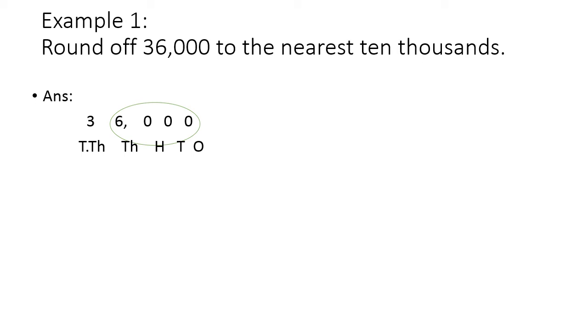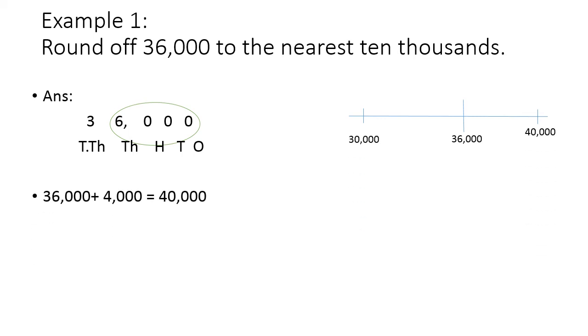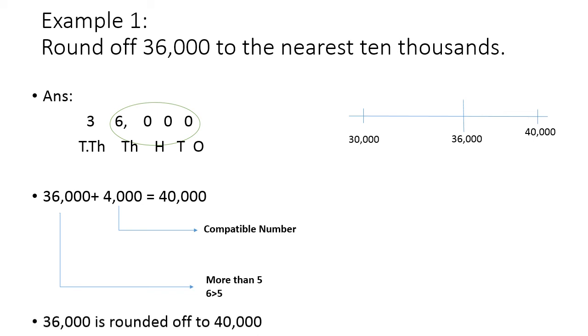What is the highest place value in the marked area? That is 1000. This number comes in between 30,000 and 40,000. So 30,000 plus 4,000, we get 40,000, isn't it? That 6 is also greater than 5. So that 4,000 is a compatible number. Since 6 is greater than 5, we have to choose the bigger number here, that is 40,000.